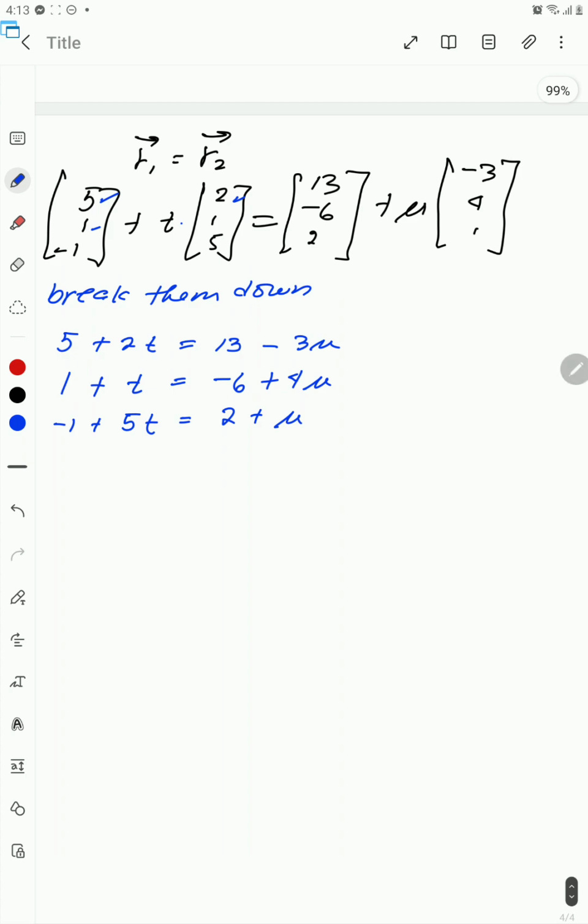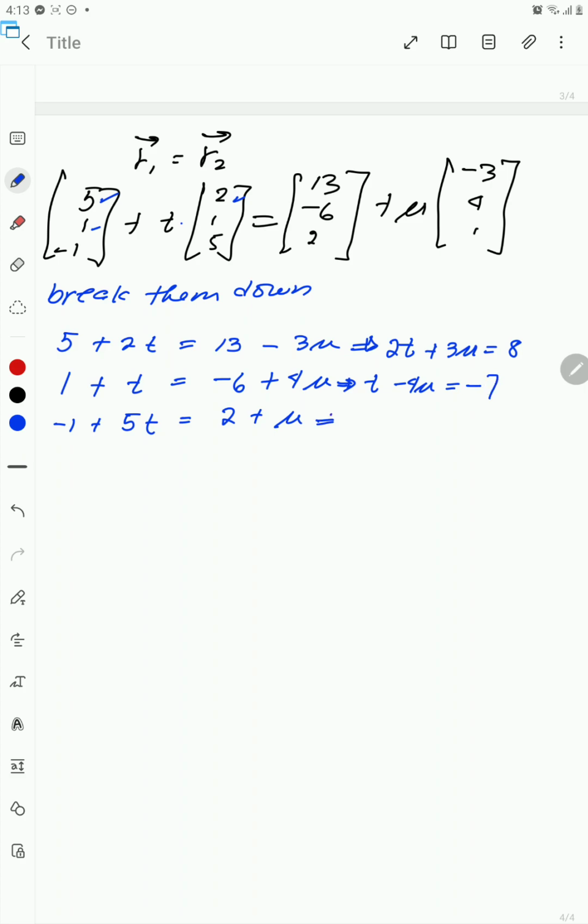So let's transform these equations. The first equation can be transformed into 2t plus 3 mu is equal to 13 minus 5, so that is 8. Then the second equation can be transformed into t minus 4 mu is equal to negative 7.